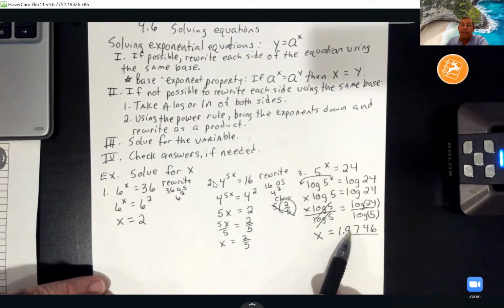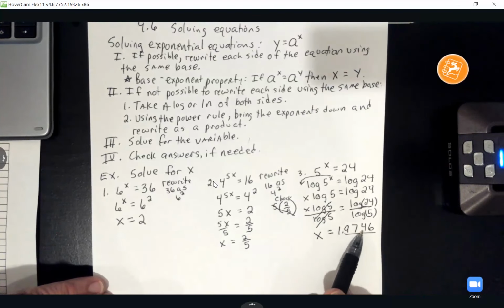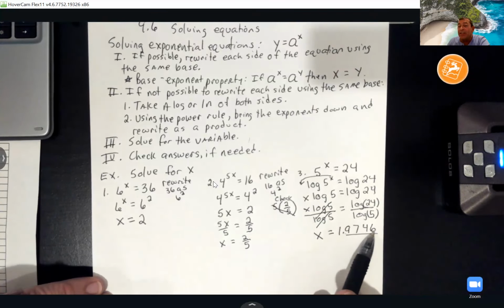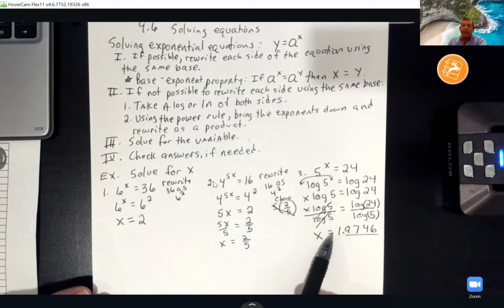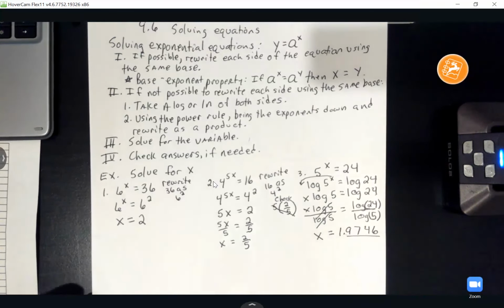So really, this is the tenths, hundredths, thousandths, 10,000ths. So we're really rounding to the nearest 10,000th on this. And this side would be your ones, tens, hundreds, thousands, and so on. Okay.